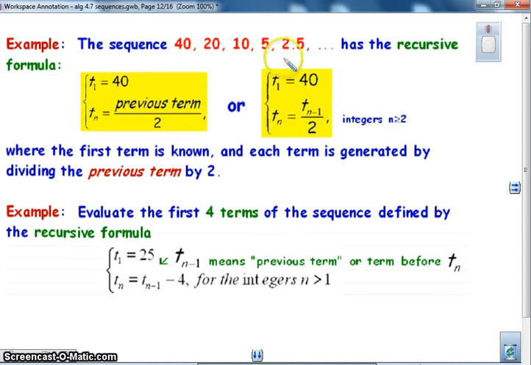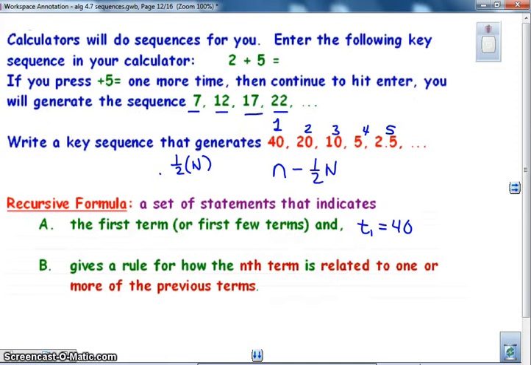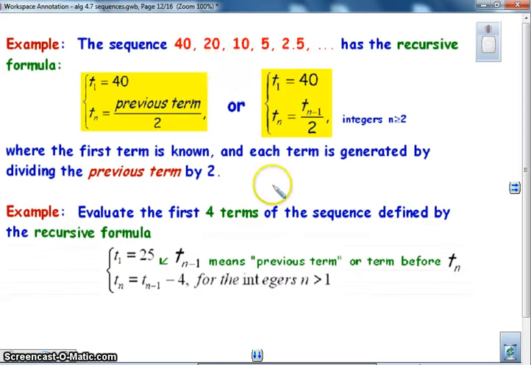Here was our sequence, call it a recursive sequence, a recursive formula. We put down our term 1 and then t sub n, and it says the previous term. So notice when we put this up there, we kind of wanted to say something about half of n, or n times a half. We want to use this notation to help us out. T sub 1 is 40, times the previous. How do we show previous?